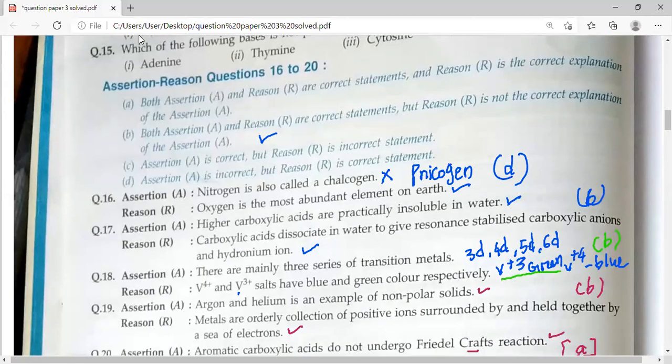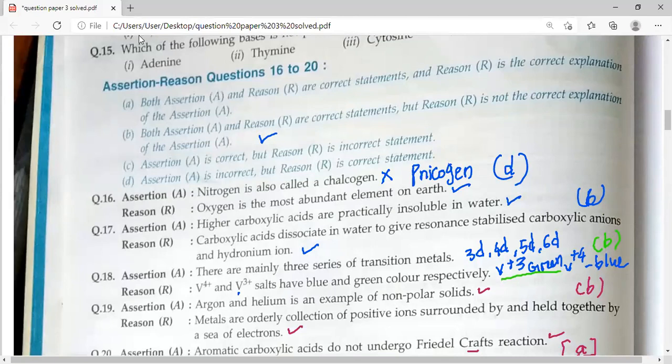What are the four options? Both assertion and reason are correct statements, and reason is the correct explanation of assertion. Both assertion and reason are correct statements, but reason is not the exact explanation of assertion. Assertion A is correct, but reason R is incorrect.